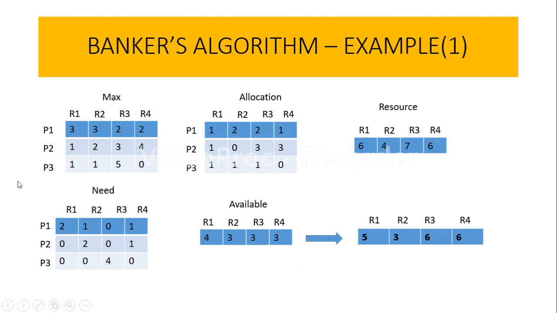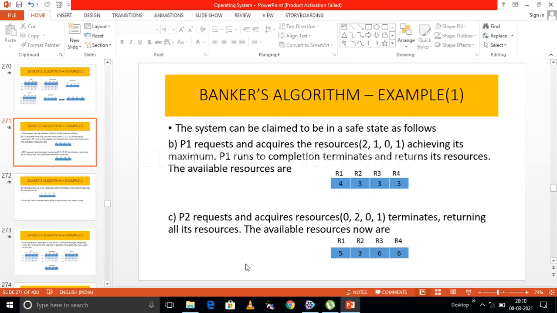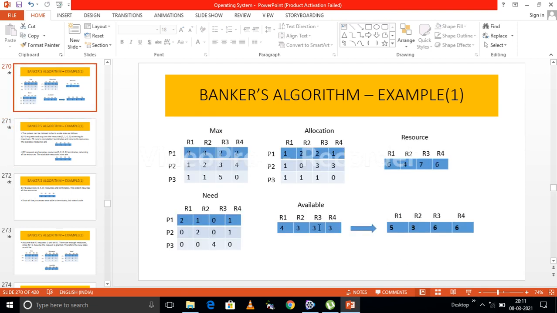The availability was 5, 3, 6, 6. I'll go to the previous slide. When we are allocating the resource to P3, the availability was this one before allocation.